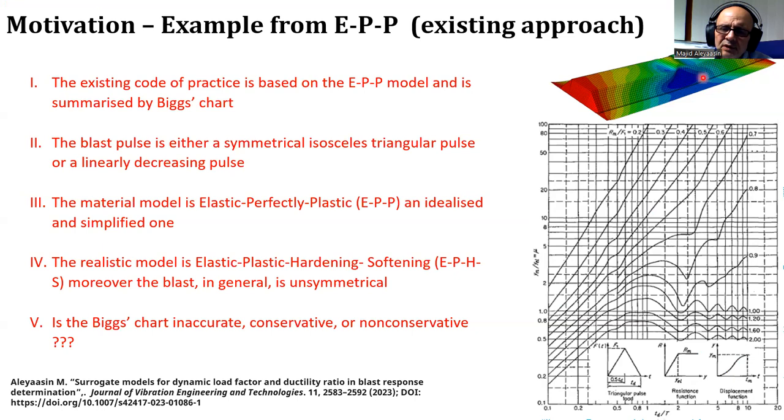Altogether, this structure has 14,000 degrees of freedom, which we simulate. We apply the explosion and the result of the deflection comes after 35 minutes because of the number of elements. After 35 minutes, we know how much folding occurs as a result of explosion.